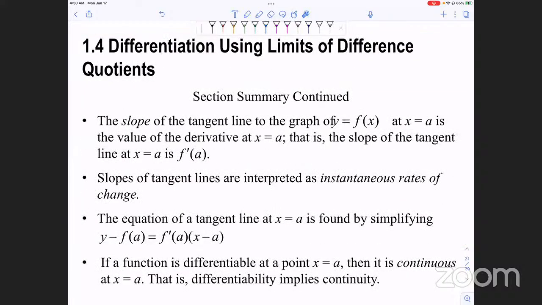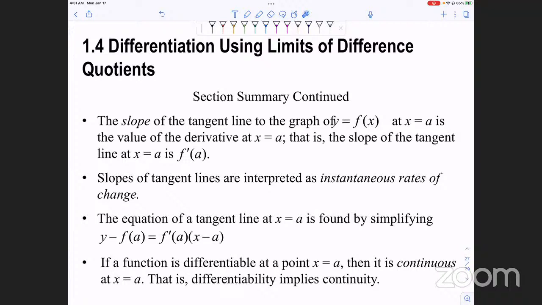The slope of the tangent line to the graph of y at x equals a is the value of the derivative at x equals a. That is, the slope of the tangent line at x equals a is f prime of a.